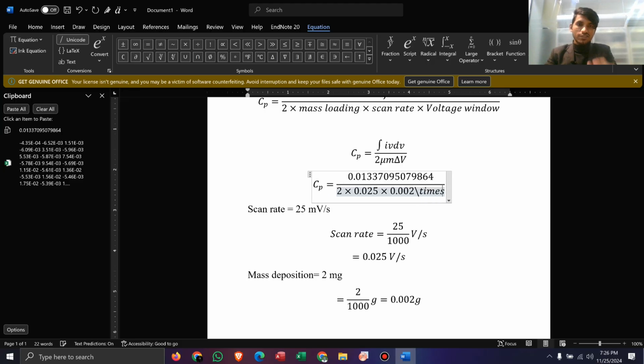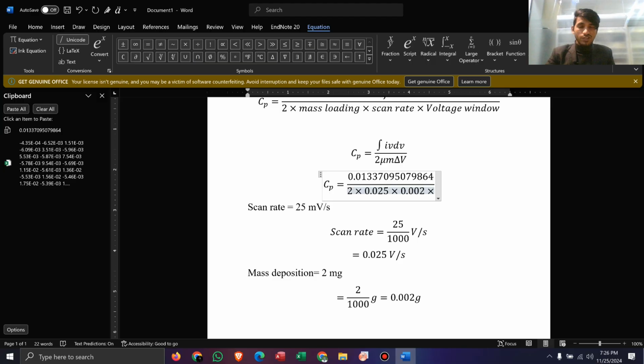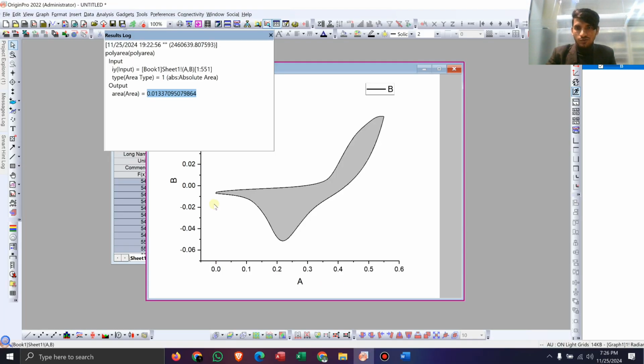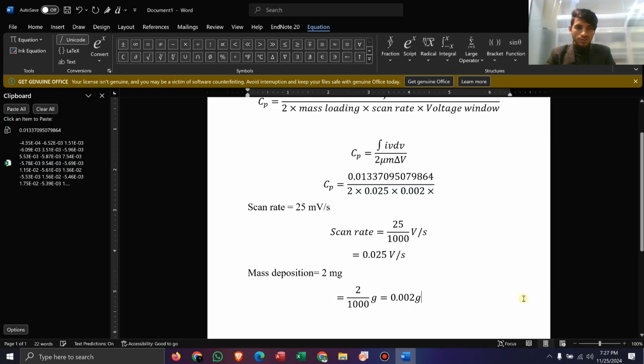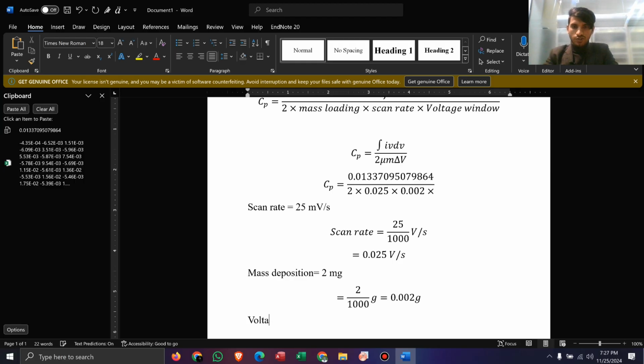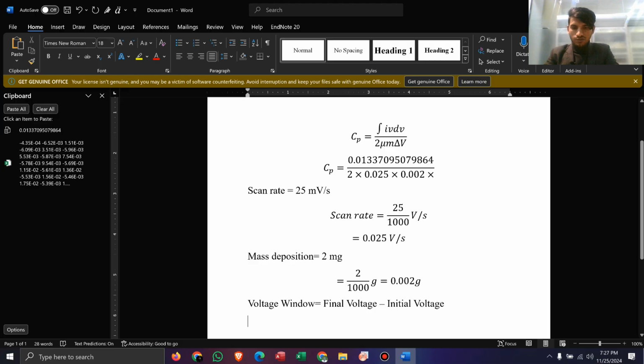So now I'm going to plug in the value for mass loading, that is 0.002 gram, and what I'm left with last is the voltage window. The voltage window is the window in which you have performed the CV. Going back to our CV, I have performed the CV from 0 to 0.55. So that was the voltage window that I have set, 0 to 0.55. You have to calculate the voltage window by subtracting the initial voltage from the final voltage.